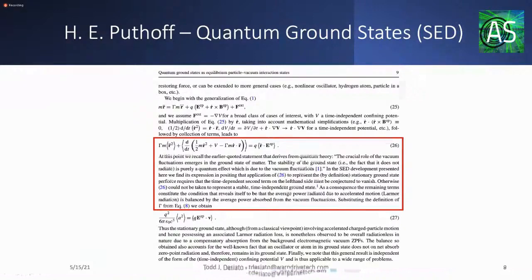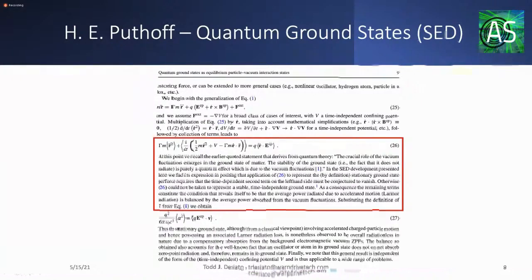As a consequence, the remaining terms constitute the condition that reveals itself to be the average power radiated due to accelerated motion, Larmor radiation, is balanced by the average power absorbed from the vacuum fluctuations. Substituting the definition of lambda previously, we get the same relationship that the power radiated is equal to the power absorbed.